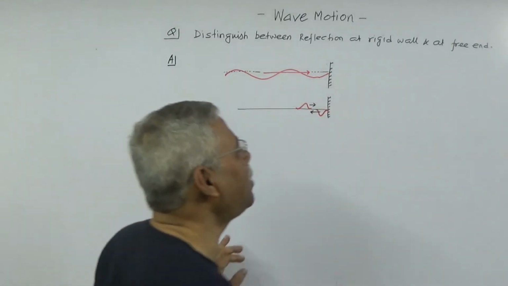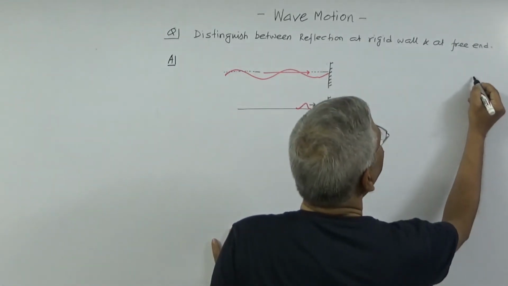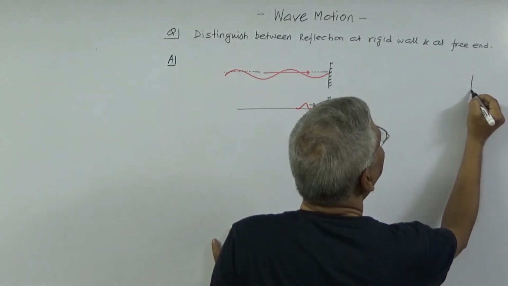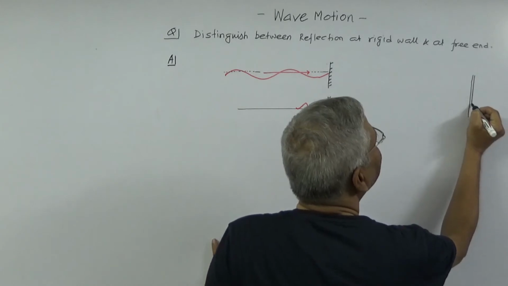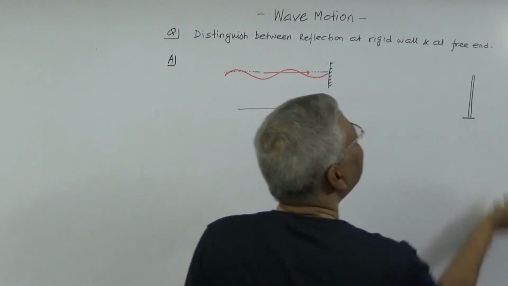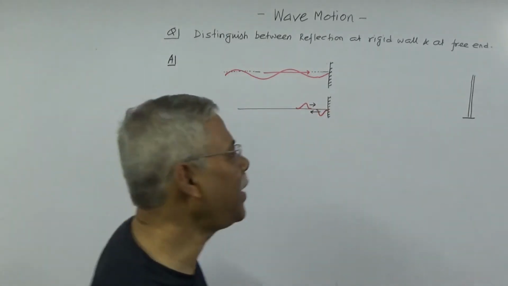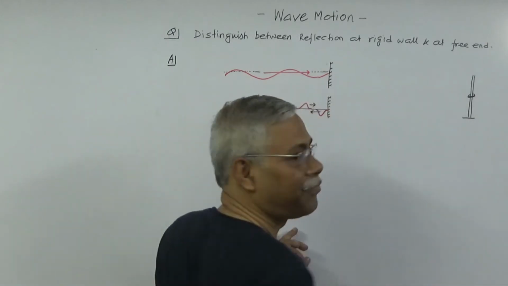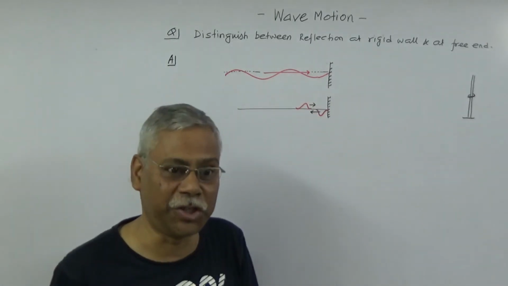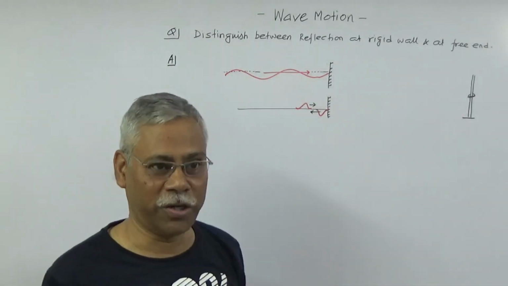What do you understand by a free end? A free wall, or free end more appropriately. This is a frictionless rod, and this passes through a ring. There is absolutely no friction between the ring and the rod.